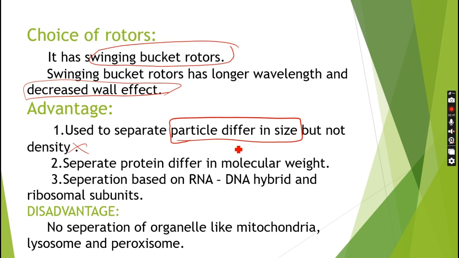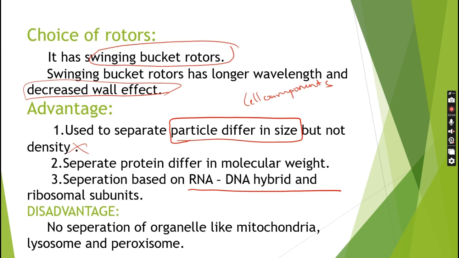So the separation of cellular components can also be possible in this method. As it is separated based on size, cellular component separation can also be possible. Even RNA-DNA hybrids and ribosomal subunits can be separated.